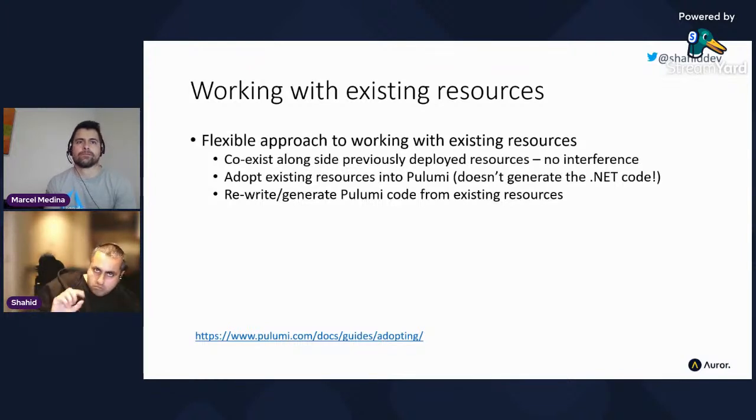The one big gotcha here is do not create your resource group with Pulumi if you are going to use other tools to add resources into that resource group, because Pulumi will delete all the resources that it manages, and the resource group is a resource that it manages, so it will delete the resource group. And generally, by default, if you delete a resource group, everything within it gets deleted, whether Pulumi knows about it or not. So that's a gotcha you just need to be mindful of. But you do have that option.